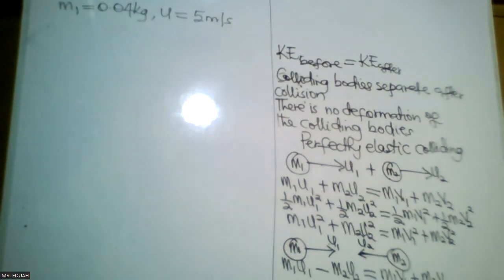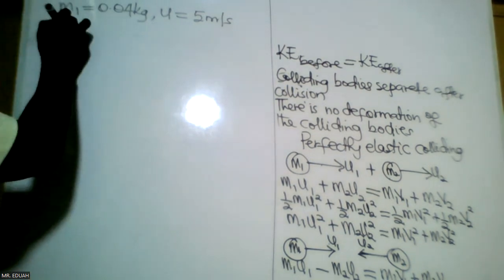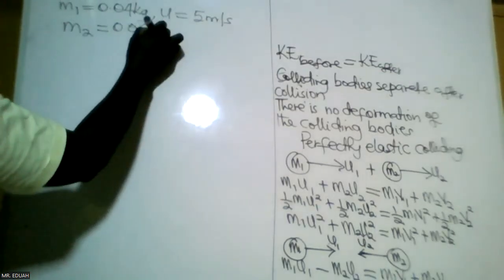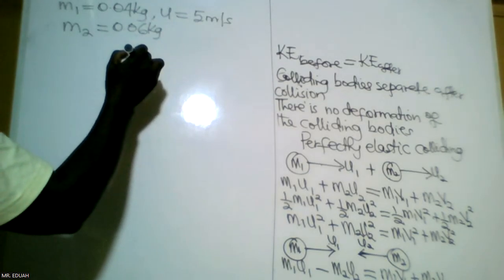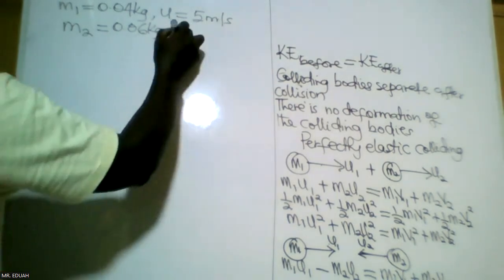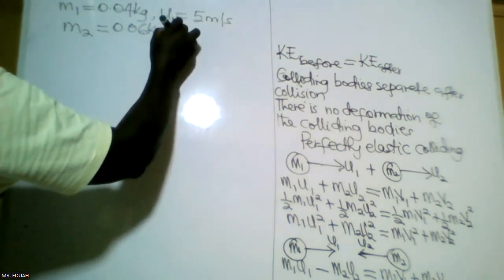Has an elastic head-on collision with a target ball of mass M2 equal to 0.06 kg that was moving at a speed of 3 meters per second.